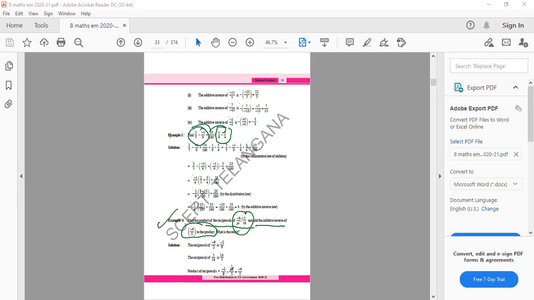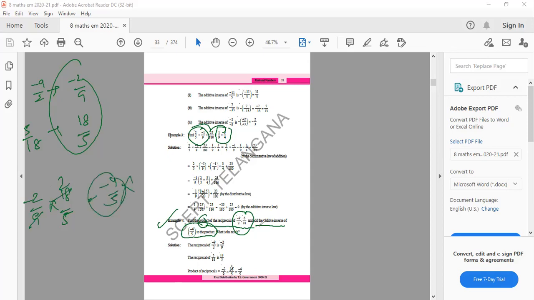What is the reciprocal of minus 9/2? Minus 2/9. What is the reciprocal of 5/18? 18/5. They're telling the product, so you need to multiply both: minus 2/9 into 18/5. You can cancel, 2 nines are 18, and the 2 fours, giving minus 4/5.